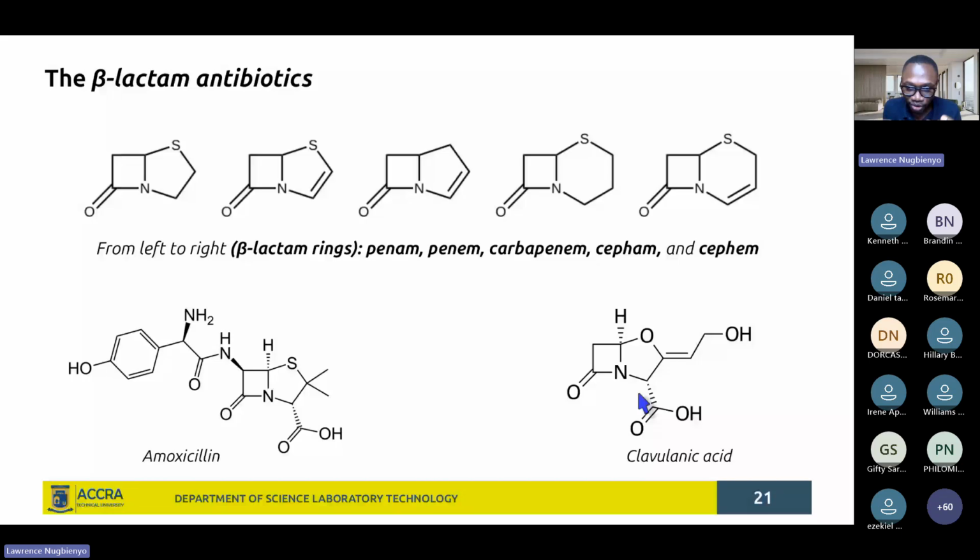If you see clavulanic acid, for instance, its ring is even not there. That is an oxapenam. So it's a penam, but in place of this sulfur that you find there, you see that you have an oxygen in there. So in clavulanic acid, you have an oxapenam, for instance.